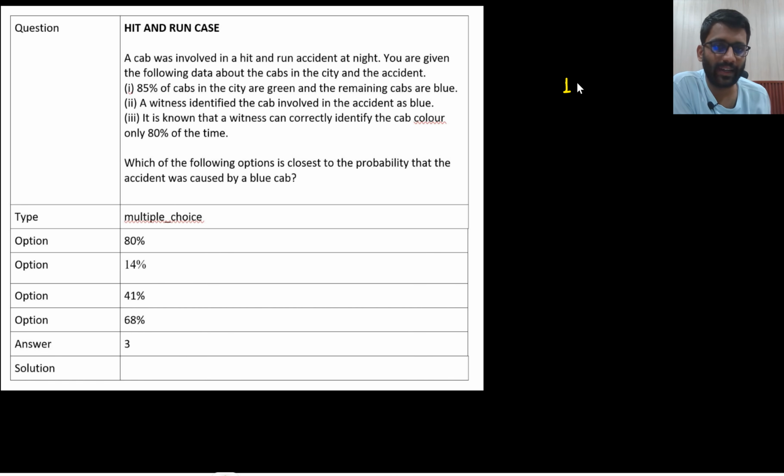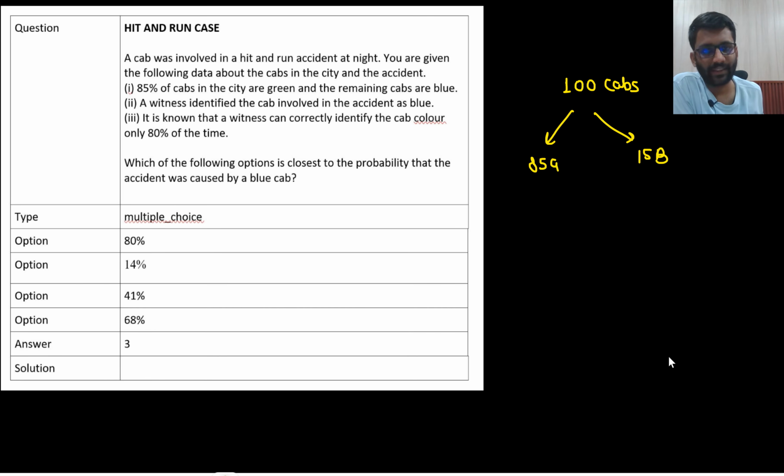So let's just say if there are 100 cabs in the city, 85 are green and 15 are blue. A witness identified the cab involved in the accident as blue. It is known that the witness can correctly identify the color only 80% of the time. He is colorblind. So there are 85 green cars.